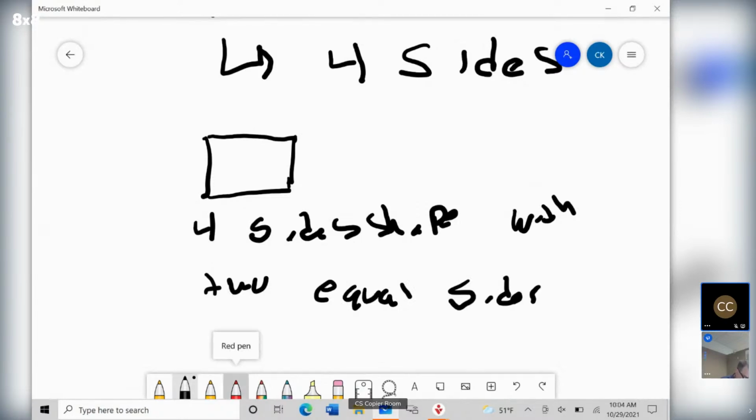So if you look at this side and this side, and then that side and that side are going to be equal. And also, every angle, and we'll talk about this a little bit later, is going to be a right angle, which means every angle is 90 degrees. But when we get into angles, we'll talk about that a little bit more. But for the most part, it's a four-sided shape with two sides equal.